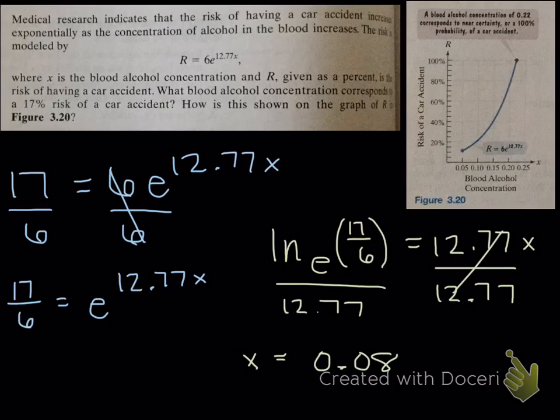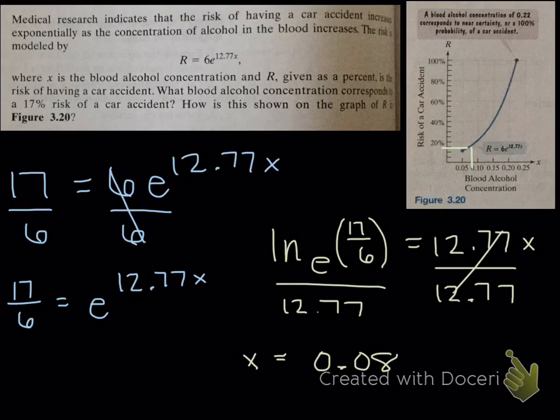And then it says to compare it to the graph. You notice if you come over here, 17% is somewhere along this line, and that will correspond to that 0.08. This is something that you should have learned in driver's ed, talking about your BAC, which is your blood alcohol concentration.